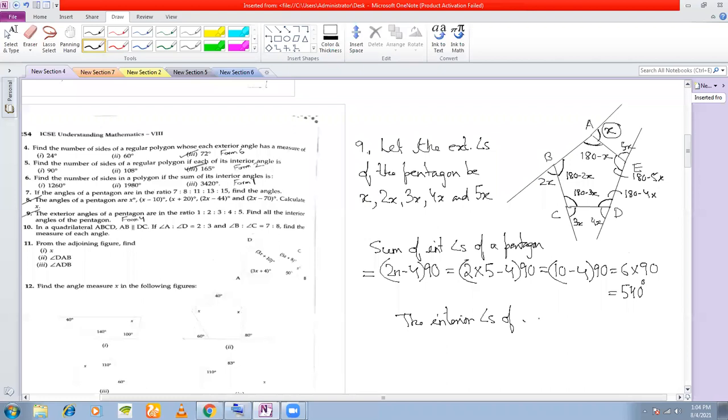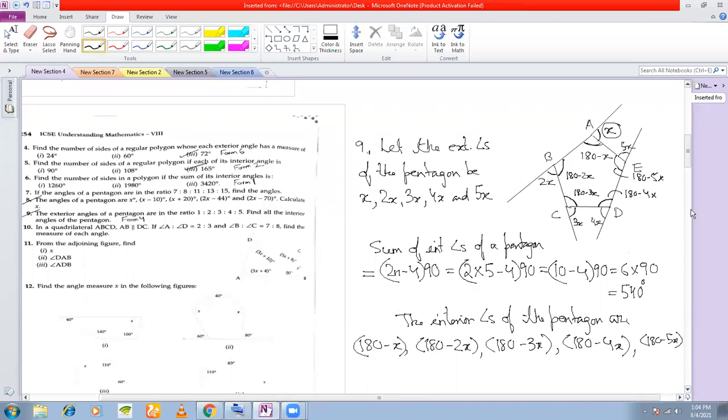of the pentagon are 180 minus x, 180 minus 2x, 180 minus 3x, 180 minus 4x, and 180 minus 5x.